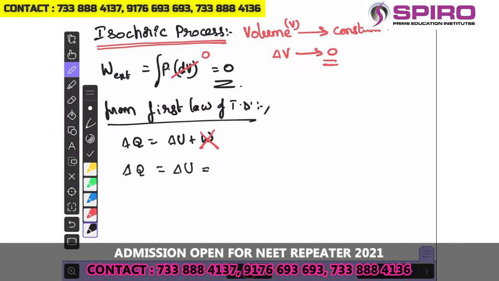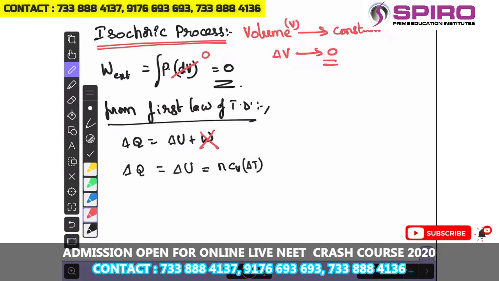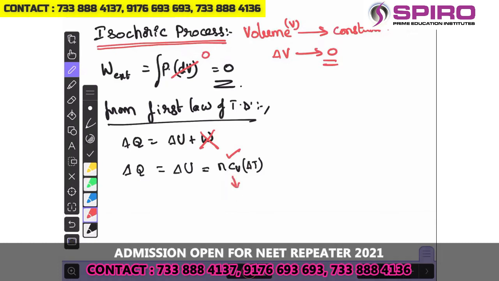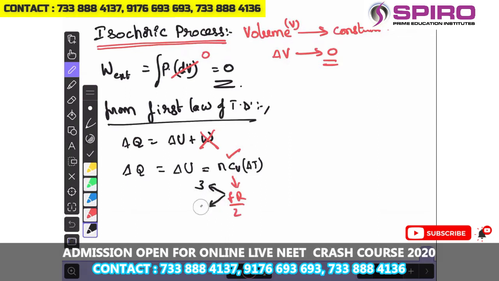That increase in the internal energy is nothing but n Cv delta T. Okay, Cv is the molar specific heat of the gas at constant volume. Different forms of the Cv we already discussed, that can be written as fR by 2. For monoatomic gas, f value will be different, and for diatomic gas it will be different. For monoatomic gas it will be 3, for diatomic gas it will be 5, and for polyatomic gas it will be 6.